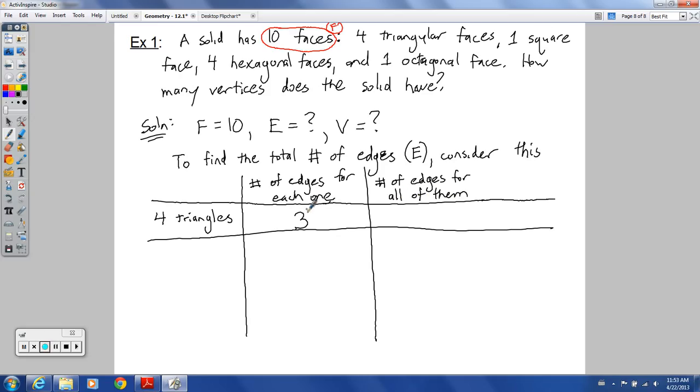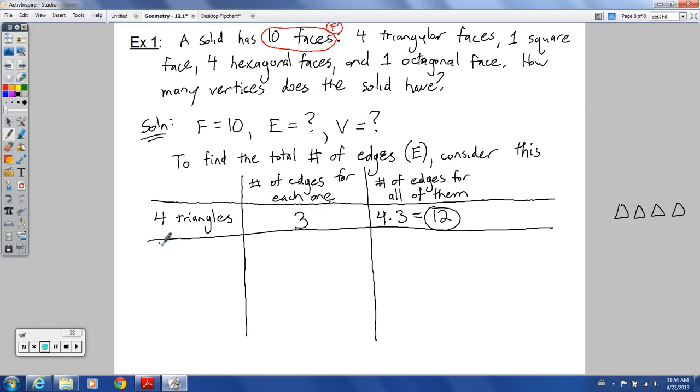So you have 3 edges per triangle, but you have 4 triangles, so we're going to take 4 times 3. You don't have to draw this off to the side, but this is just to help you visualize what's going on. Notice each one of these triangles has 1, 2, 3 edges. And we have 4 of those triangles, so putting them all together, 1, 2, 3, 4, we're going to have 4 times 3, which is 12 edges right there.